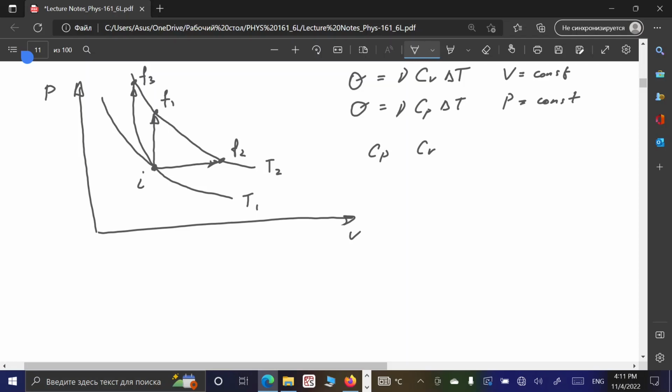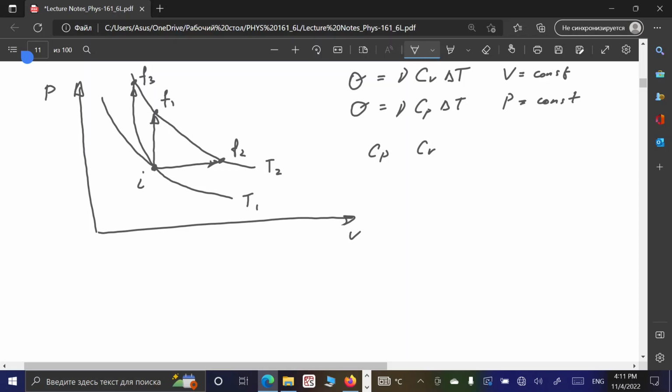So that is a correct start, but we need to also correctly finish this statement. For which process do we need more heat in order to change its temperature by 1 Kelvin? For constant pressure.